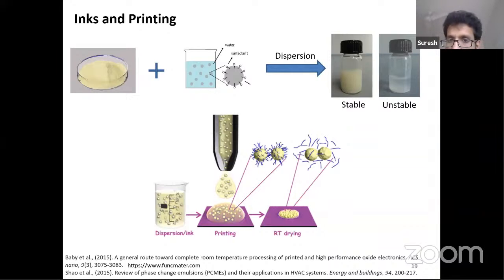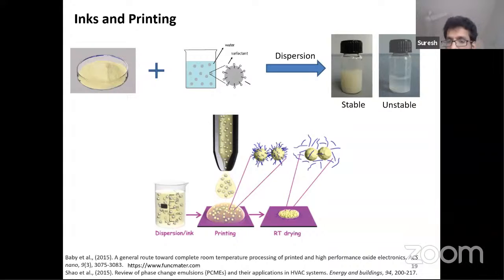So just understand here, the particles have to be in contact, right? Because it is a thin film. The thin film has to be continuous, and particles have to be in contact, so the electron can transport from one particle to the other particle. So that is the reason we need to remove the surfactant. So we need a stable ink, and the stable ink can be printed by a printing technique.